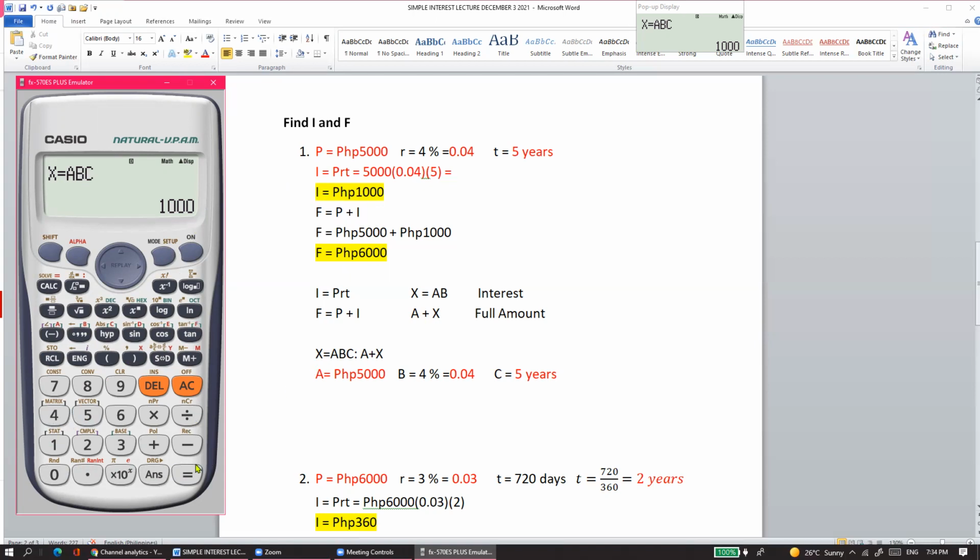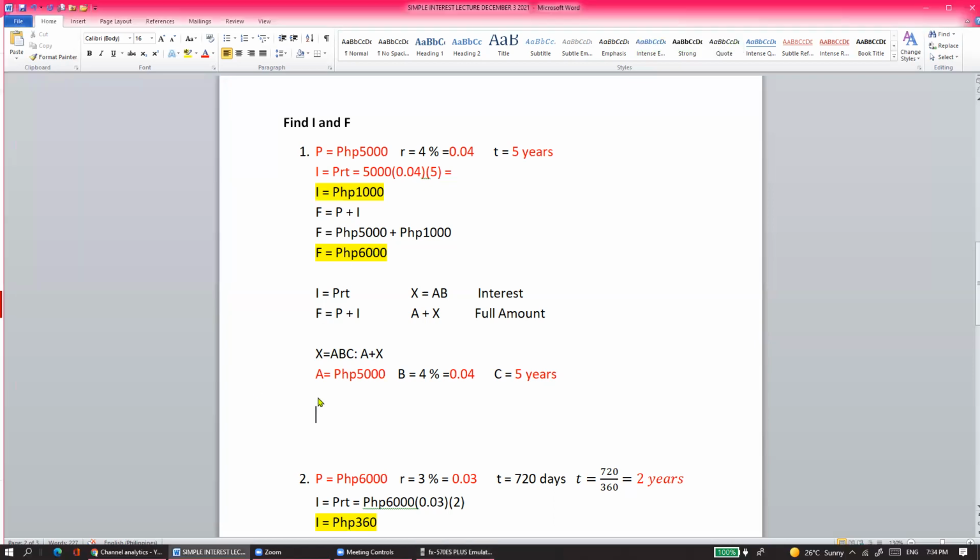At pipindutin ko uli ang equal, ibibigay na ng calculator ang value ng full amount. And that's it, 6,000. Ibig sabihin, dalawang ibon sa isang putok lang. 2 birds in 1 stone. Dalawang inaanap, maaari mong kalkulahin ng minsanan lang sa calculator at magkasunod na ibibigay ng calculator sa atin ang dalawang sagot na inaanap natin na simple interest at saka ng F.